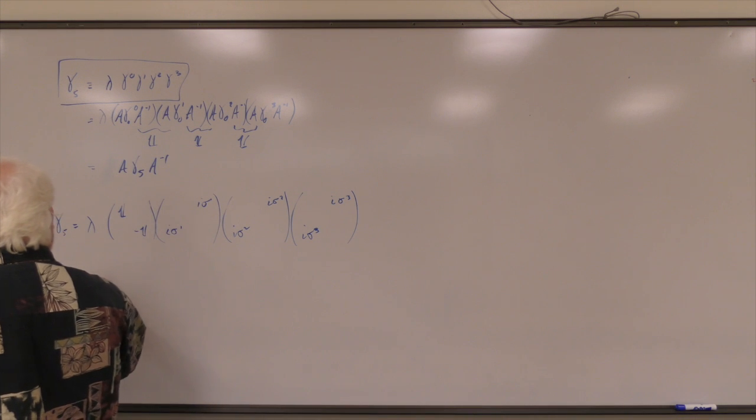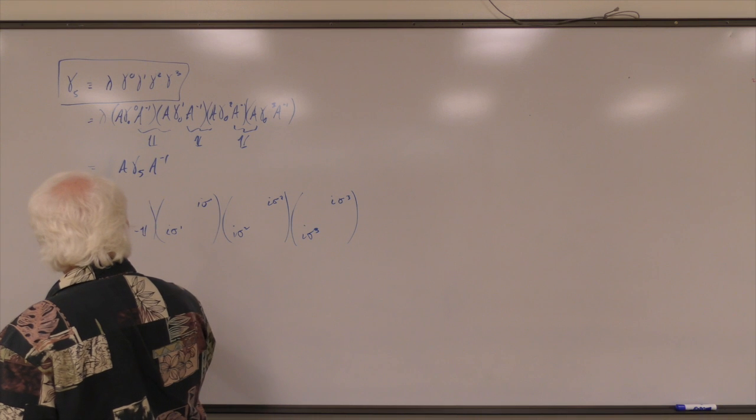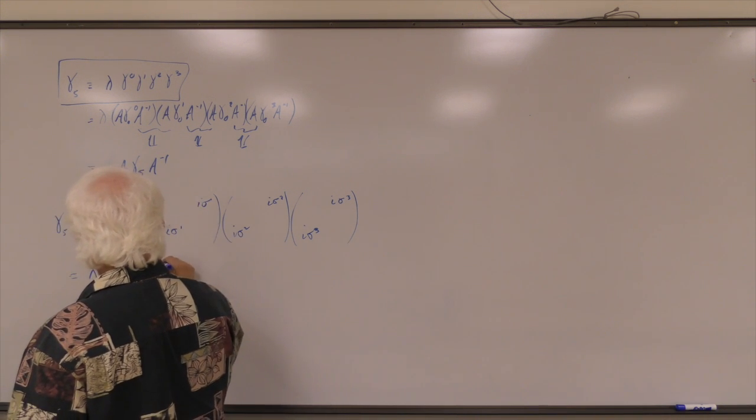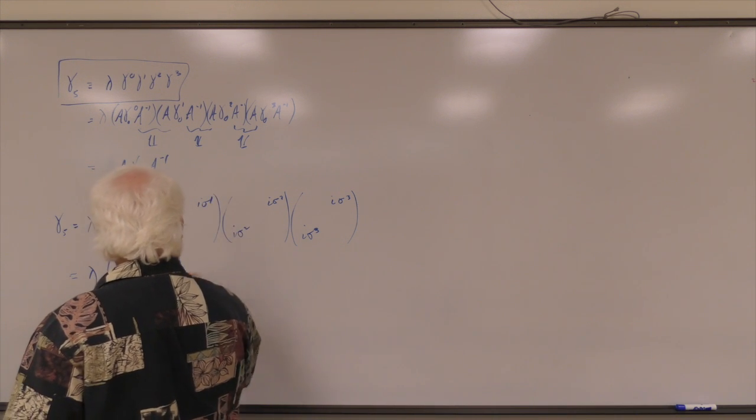And let's just multiply these a pair at a time. So here I'm going to get minus i sigma 1 down here, and I'm going to get plus i sigma 1 up there.